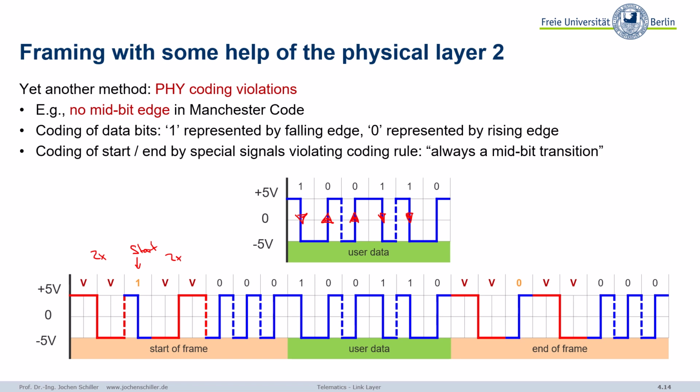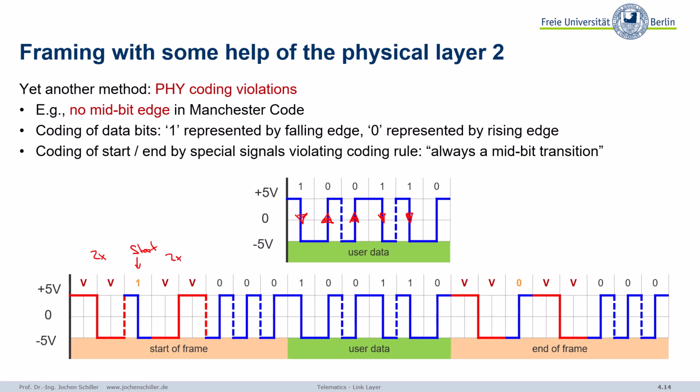Well, the problem still is, this must never happen in the user data. But as you see from the example, the user data always follows this strict rule: 1 is a falling edge, 0 is a rising edge, and this means it's absolutely clear for the receiver when we have user data and what it means.